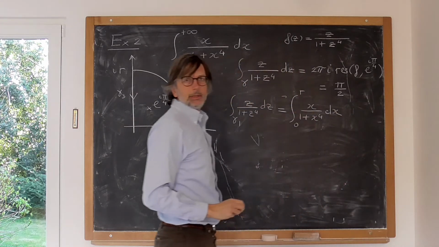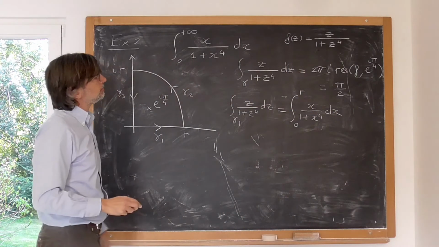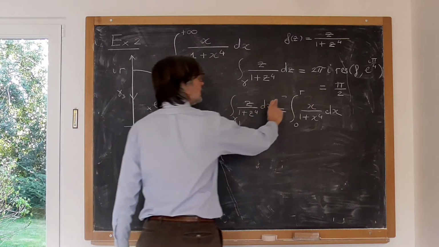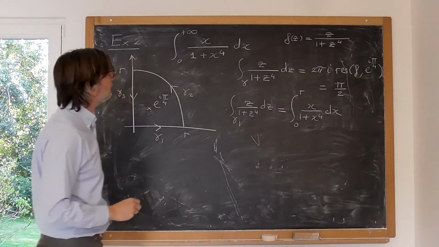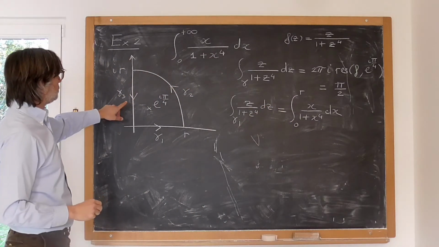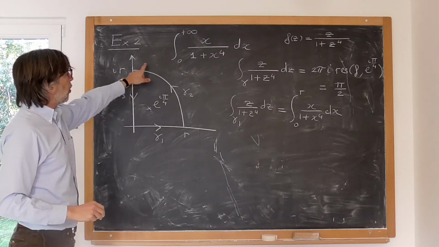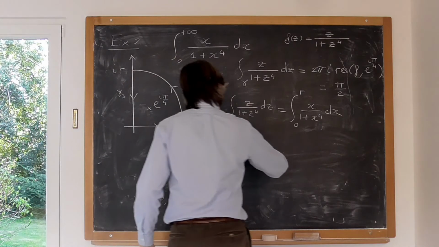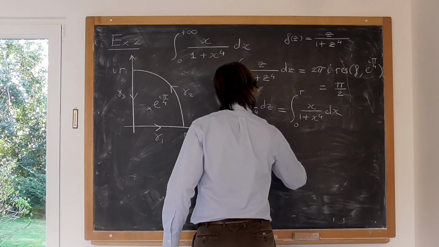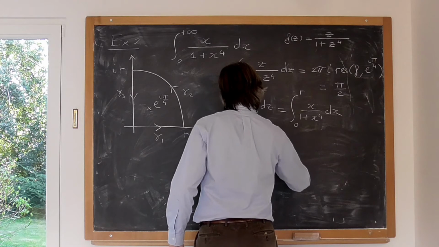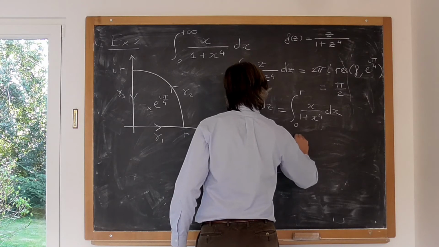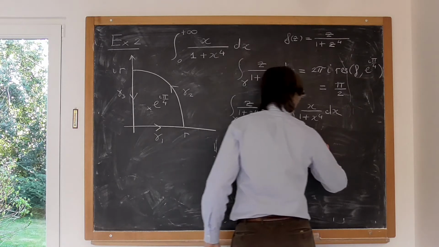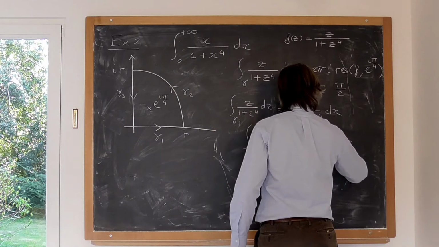This is the part we're interested in. Actually, we're interested in understanding its limit for R going to infinity. The integral over gamma 2 of z divided by 1 plus z to the 4th dz goes to 0 when R goes to infinity.